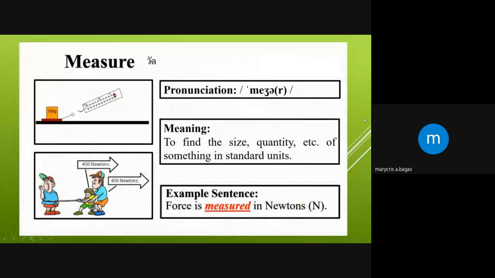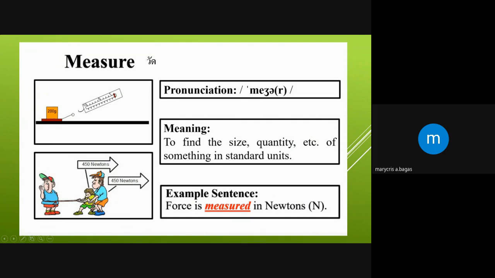Okay, measure. Let's spell measure. M E A S U R E. So, force is measured in Newton. Look at this picture. Two people exert their effort to pull the person, right?